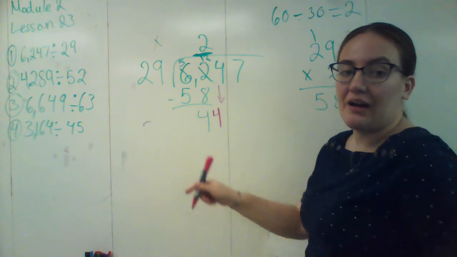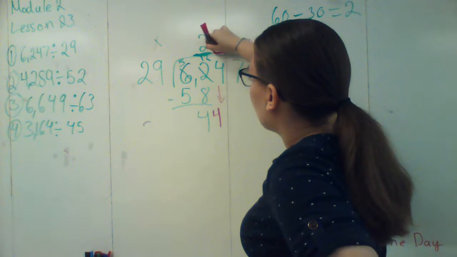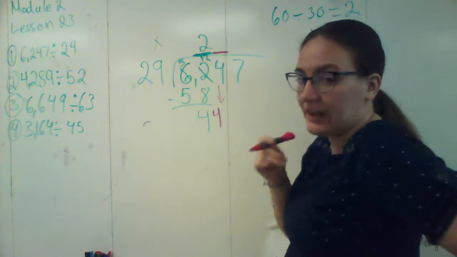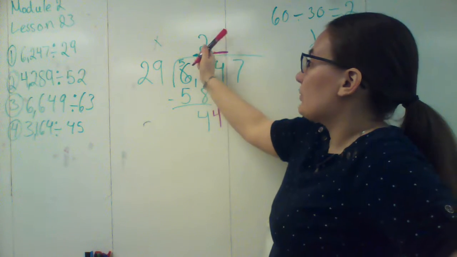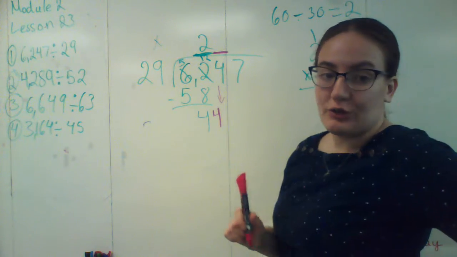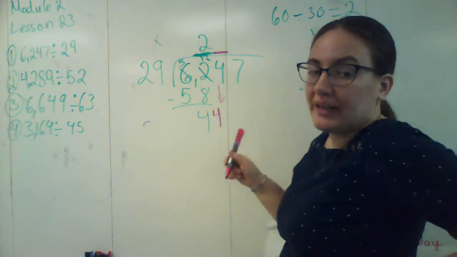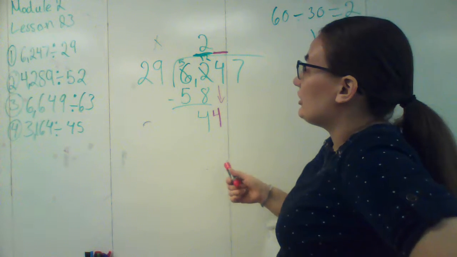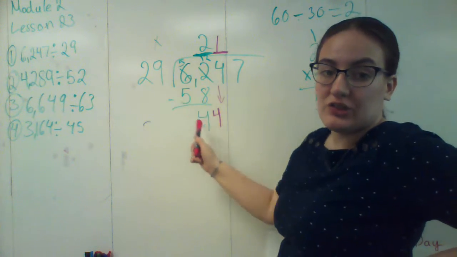And now I'm trying to figure out how many times 29 can fit into 44. And that digit's going to go right up above this place value. So 29 times what is going to fit into 44? Well, I know 29 times 2 is 58. So that's going to be way too big. But I could just do 29 times 1, because 29 times 1 is just 29.